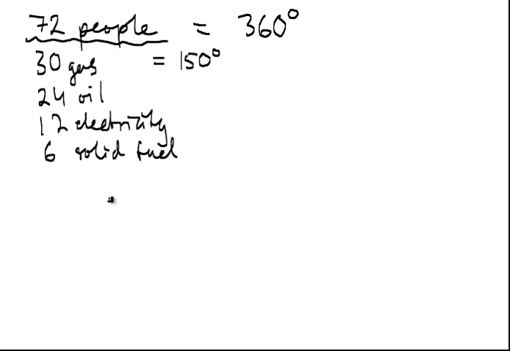So let's do down here 24 people out of 72. And remember, times 360 over 1. Let's divide by 2.